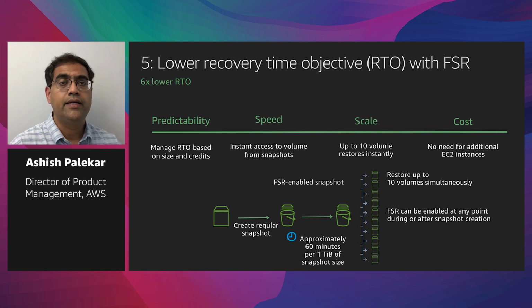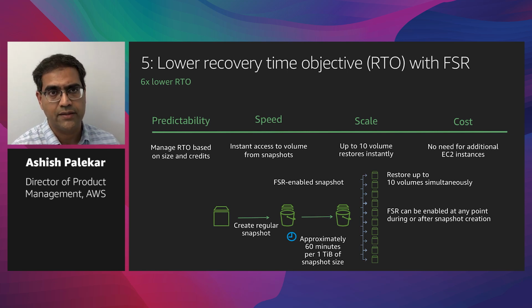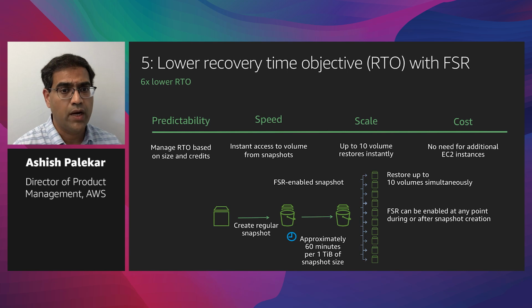right? And the data is loaded from a snapshot in the initialization phase at the rate of about 1 terabyte an hour. And what that means is you are able to load data and not have to do any of the pre-warming that you previously had to. In other words, you can get to a predictable, fast, scalable access while saving you cost.